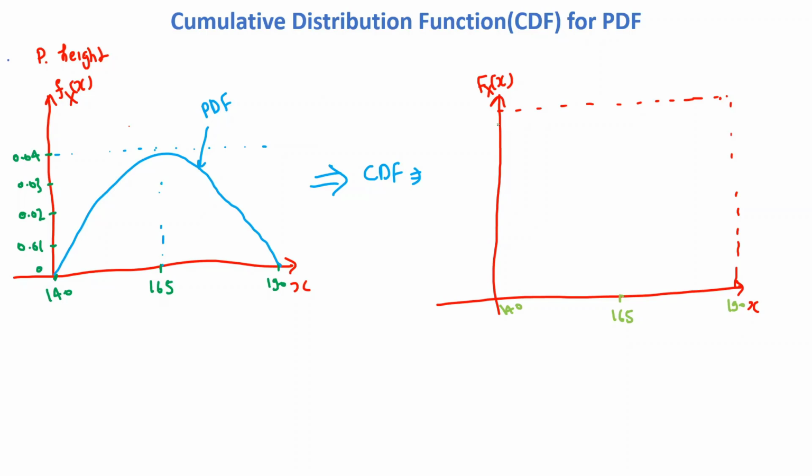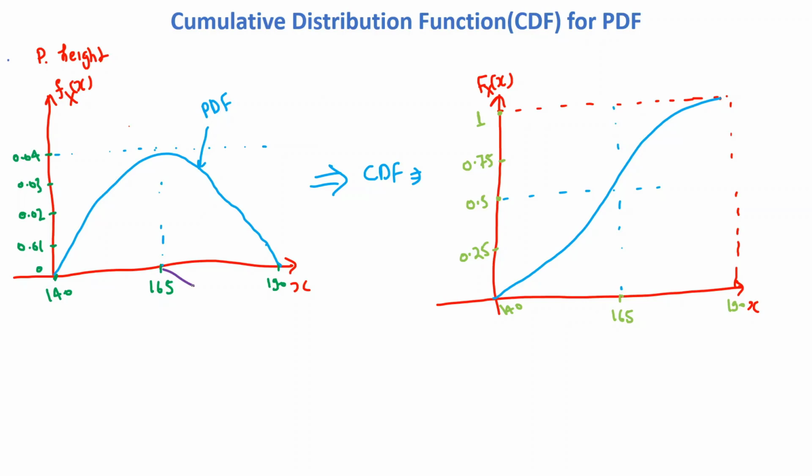Then cumulative, this is your 1 total cumulative. The middle value would be 0.5, this would be 0.75 and this would be 0.25. So the graph would be like this S type. If you convert this to CDF, you will get some S like curve.